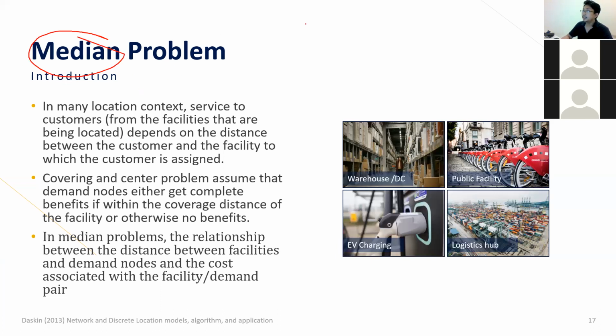So basically, it's selecting the facility locations that minimize the total demand multiplied by the total distance covered to cover those particular customers.